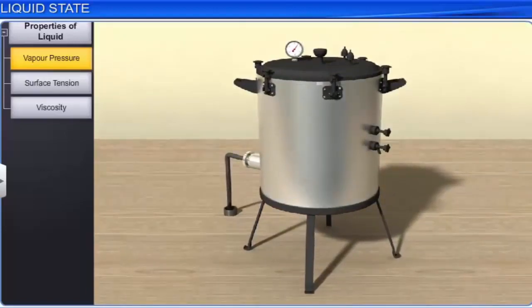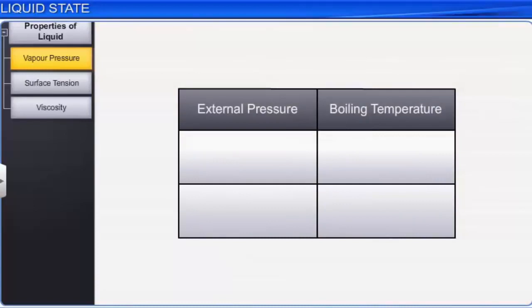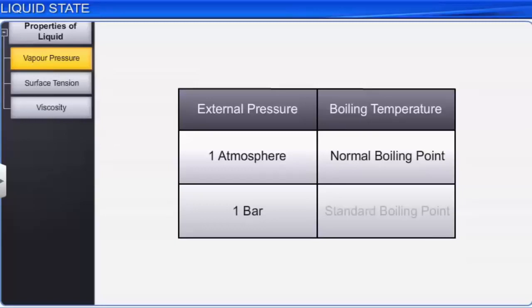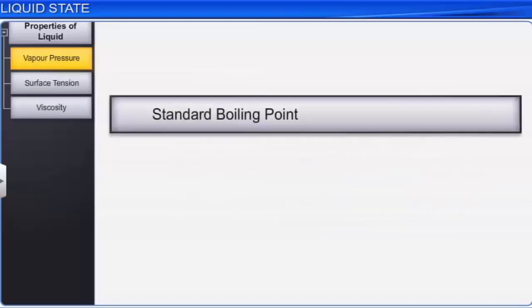If the external pressure is 1 atmosphere, the boiling temperature is called the normal boiling point, and if the external pressure is 1 bar, the boiling temperature is called the standard boiling point of the liquid. The standard boiling point of a liquid is slightly lower than the normal boiling point, as 1 bar pressure is slightly less than 1 atmosphere pressure.